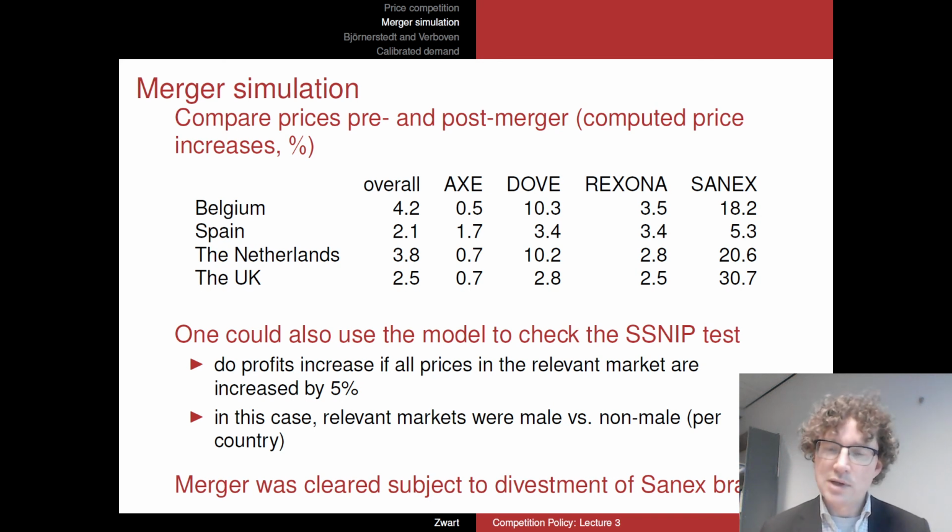So what you have to do is assume hypothetically that all products in your hypothetical product market will be combined into one portfolio served by one monopolist. Compute whether prices, by doing so, will go up by more or less than 5%, and that's going to give you information on whether these products together form one relevant market or sit in multiple relevant markets.